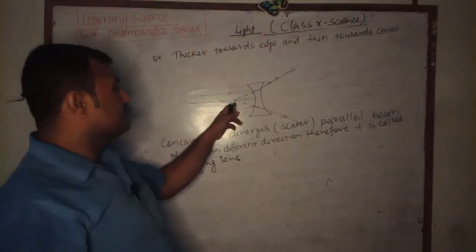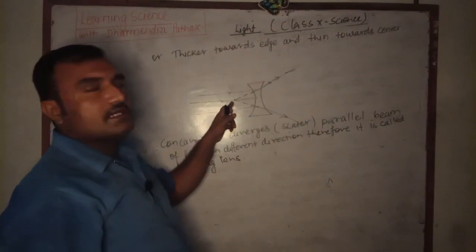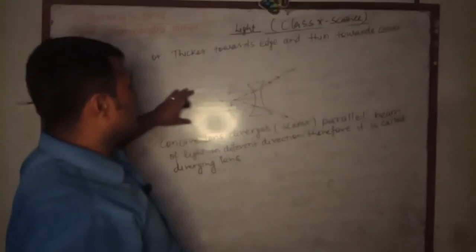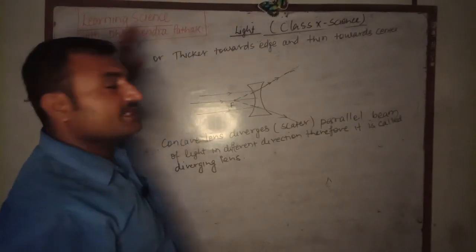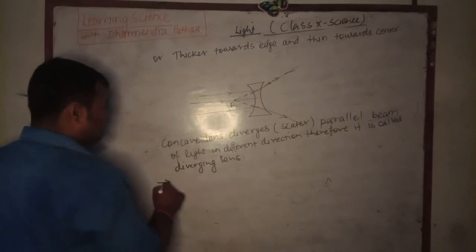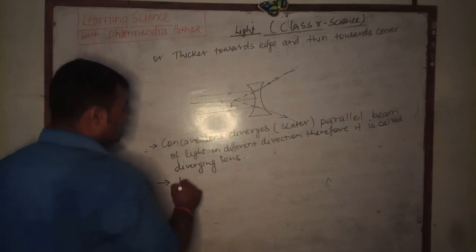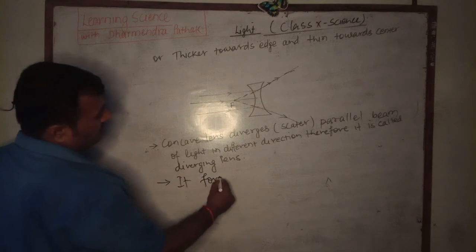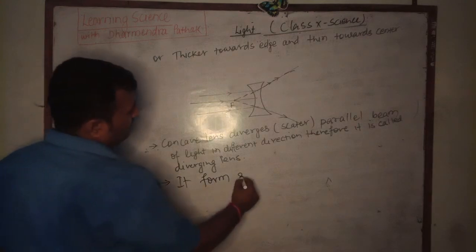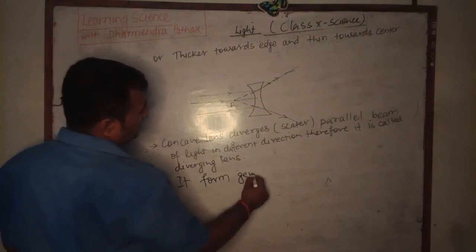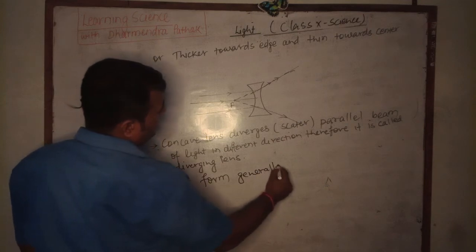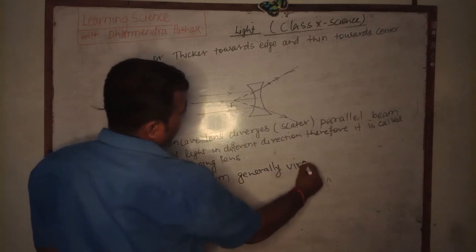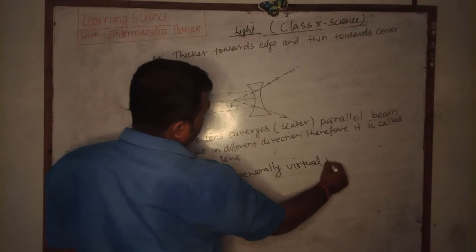That property is caused by parallel rays of light diverging in different directions. And another important property of concave lens is it generally forms a virtual image.